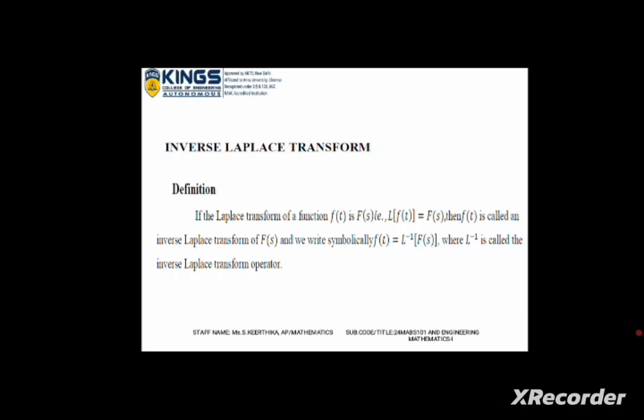And we write symbolically f of t equal to L inverse of F of s, where L inverse is called the inverse Laplace transform operator. Easily, a function of t transformed into s is Laplace transform, but a function in s transformed into t is called inverse Laplace transform.